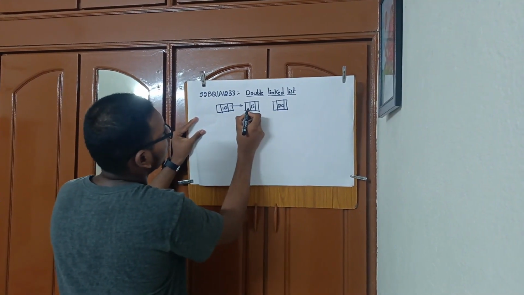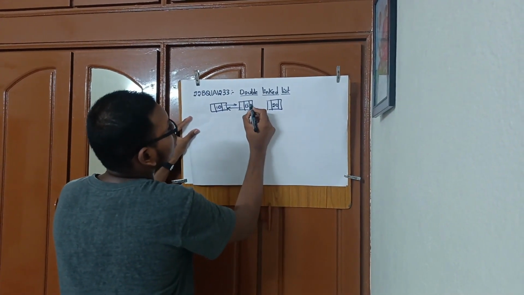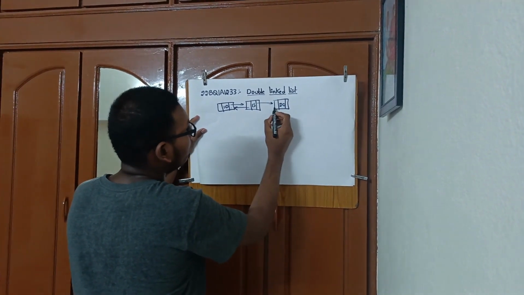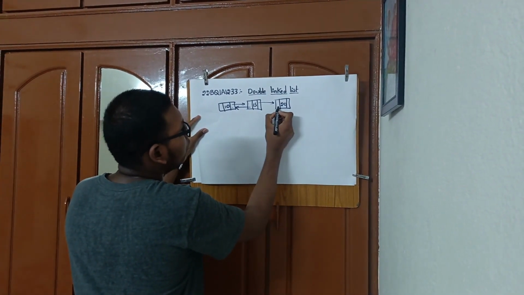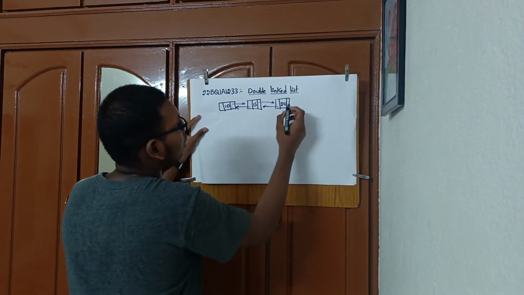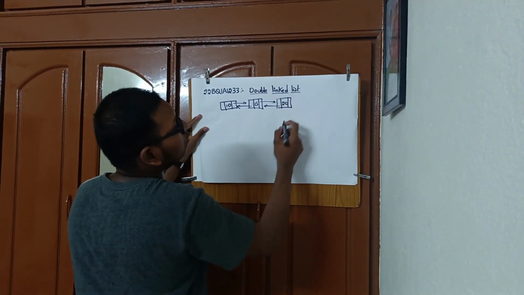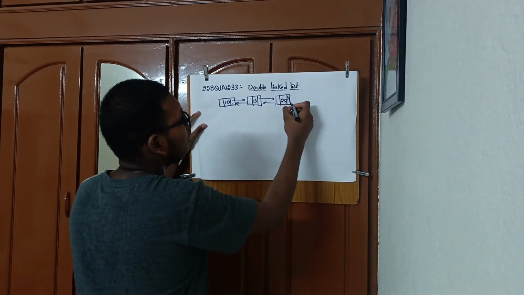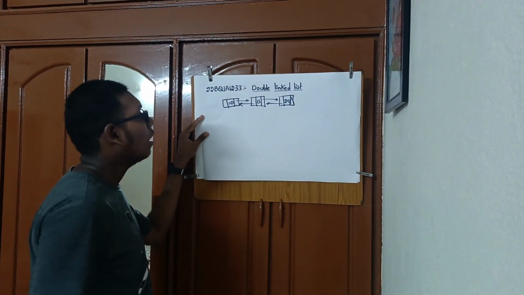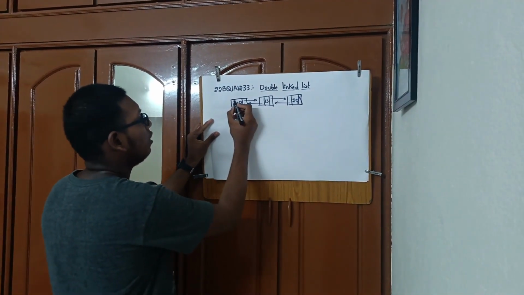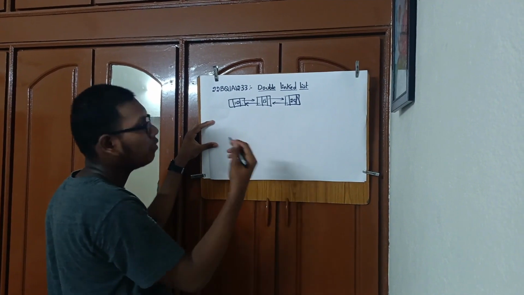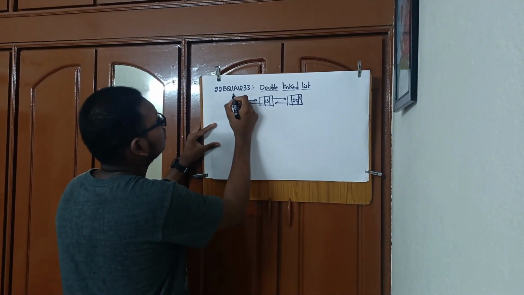Here this one points to this and this one points to this. Similarly 15 points to 20 and previous of 20 points to 15, and the next part of 20 will be null because there is no other node available. And also here in the first node the previous part is also null, and this is the head.